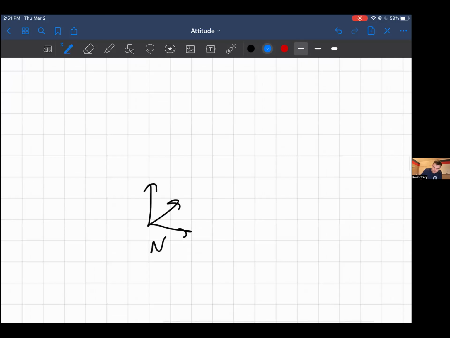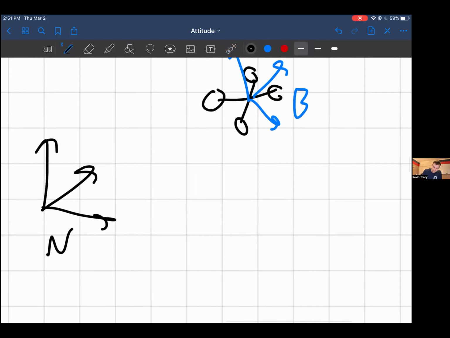If I have some robot here, I have some world frame N, then I have some spacecraft or quadrotor or robot body frame B. If I were to put a gyro on this, what the gyro would read is omega. This tells me the angular velocity of B in N, expressed in B.